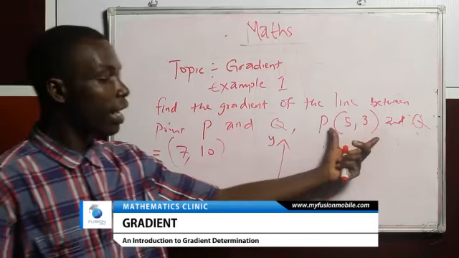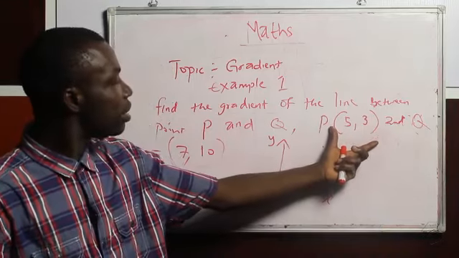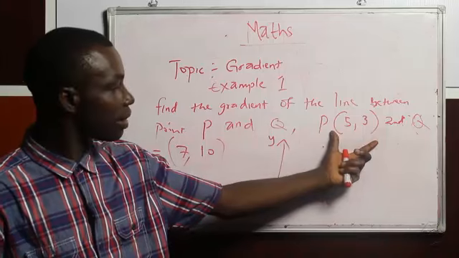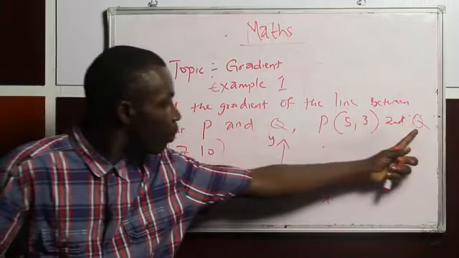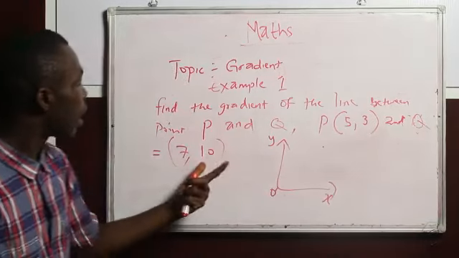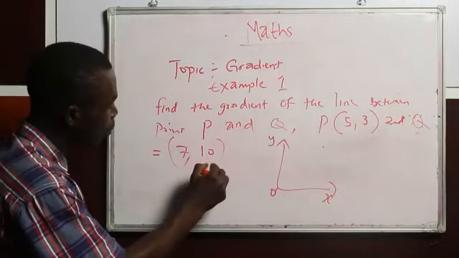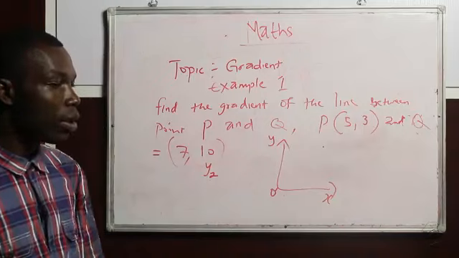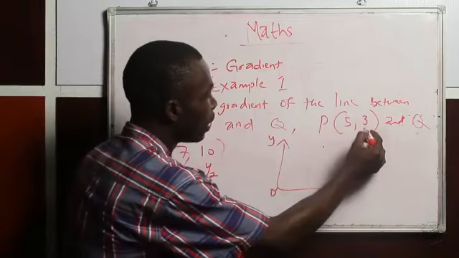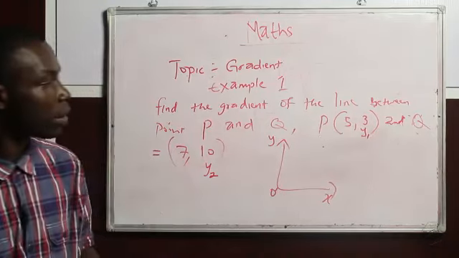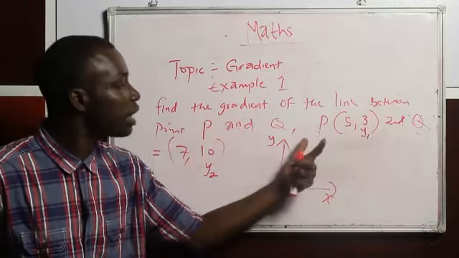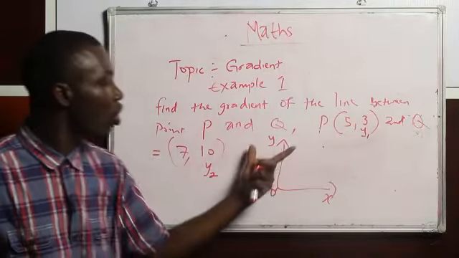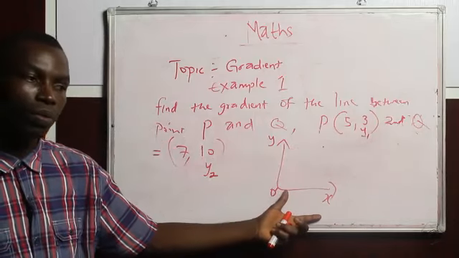From here, in line Q, our y2 is this, while our y1 is this, because as the line travels, there are changes between P and Q on this straight line.